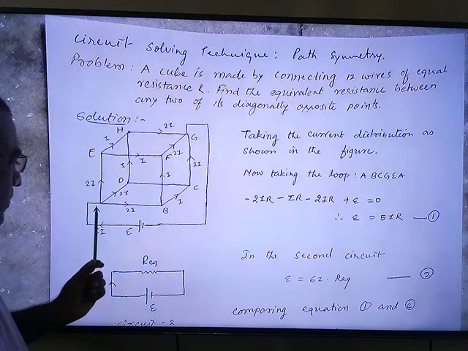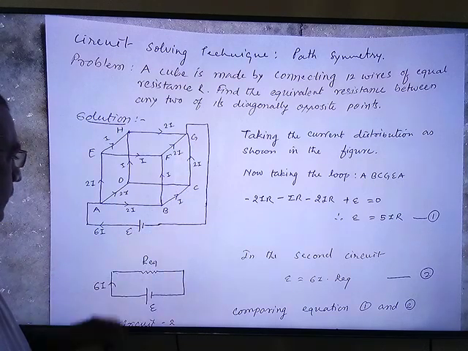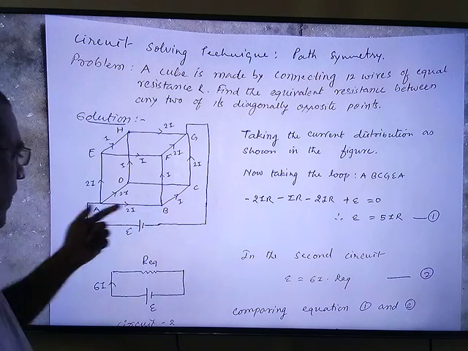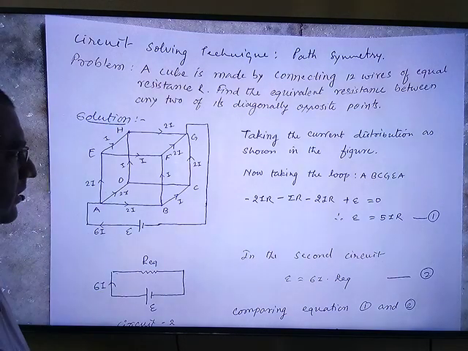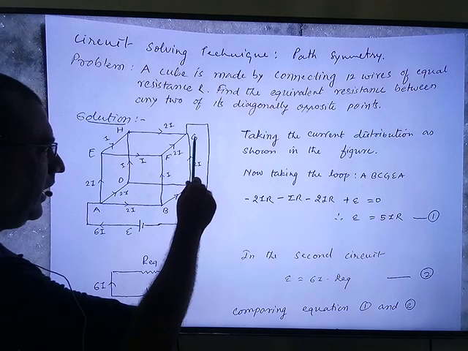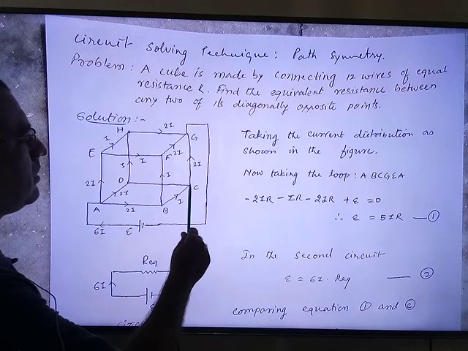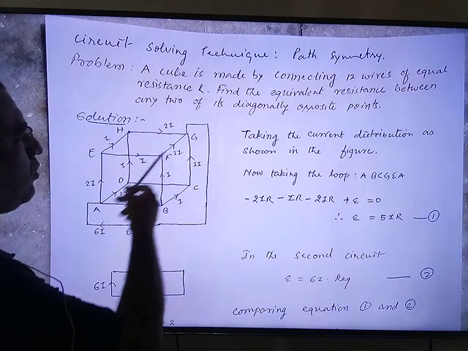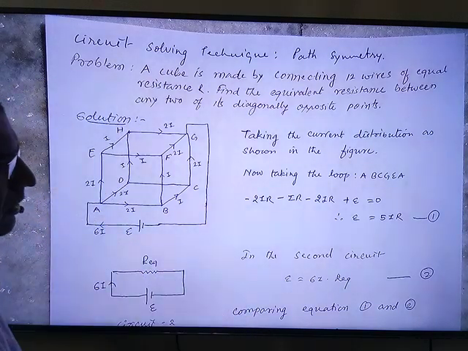Of course, point A is symmetric with point G. So from A, 3 branches are there carrying currents 2I, 2I, 2I. And for that sake, at point G, you will have the currents 2I, 2I and 2I coming to point G. Then only the path symmetry is maintained.